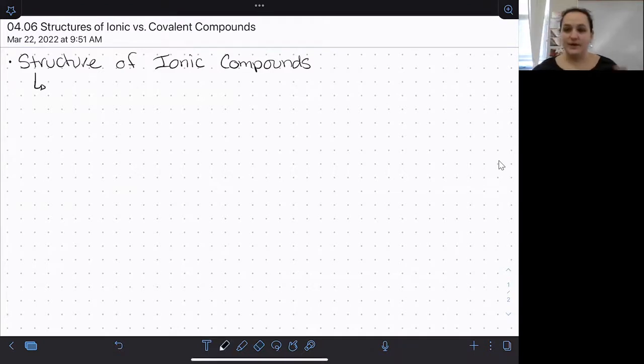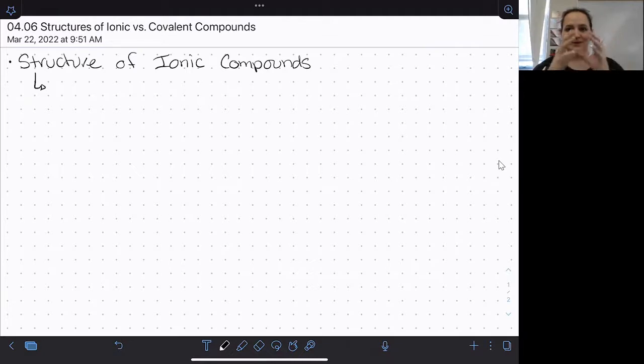So ionic compounds tend to exist... well, first, we know that ionic compounds are comprised of positively charged cations and negatively charged anions that are attracted to one another via ionic bonding. So when you have a solid ionic compound, let's think about sodium chloride, typical table salt. We know that opposites attract and like charges repel one another. So the cations and anions are going to be attracted to one another, and that doesn't stop at just one cation and one anion being attracted.